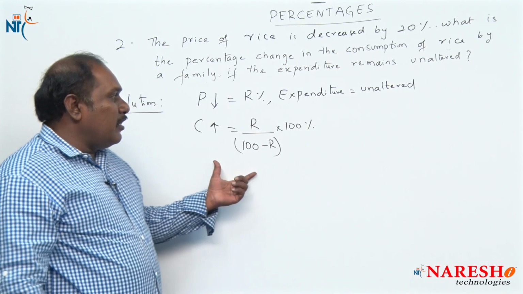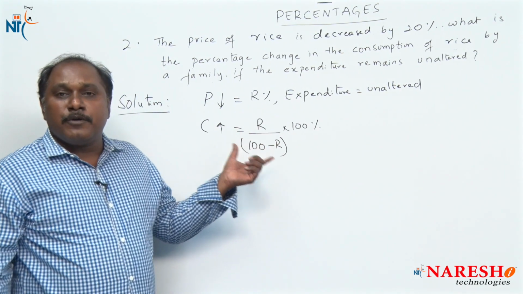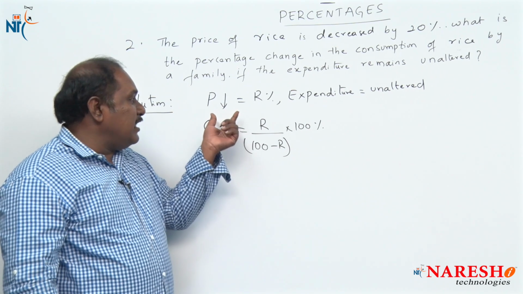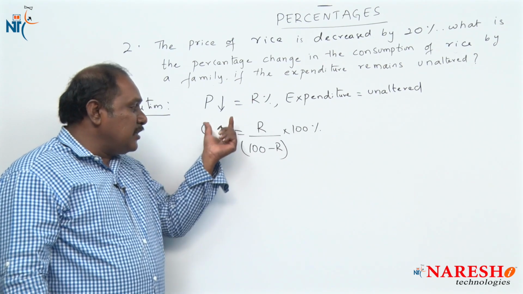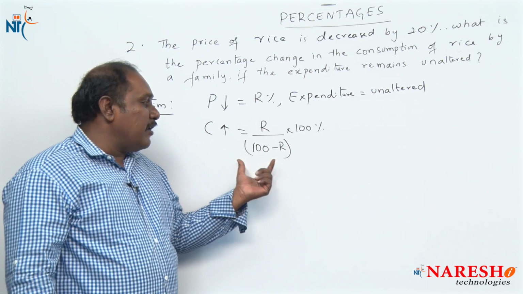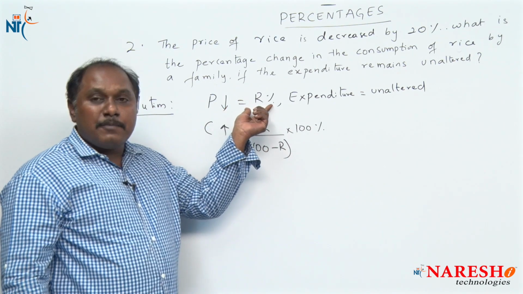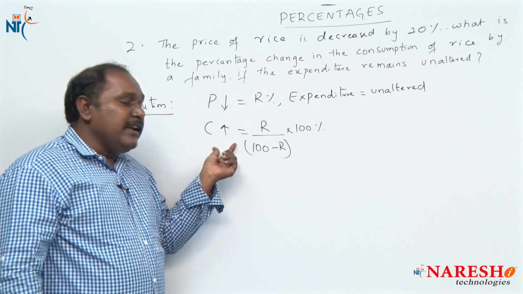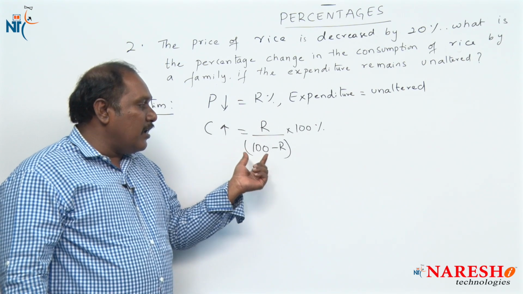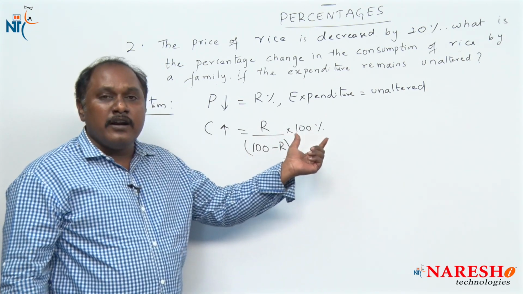Now this is the formula we have to apply to solve this problem. Previously when price was increased, consumption decreased by R by 100 plus R into 100%. But now here price decreased by R%, so consumption increases by R by 100 minus R into 100%.